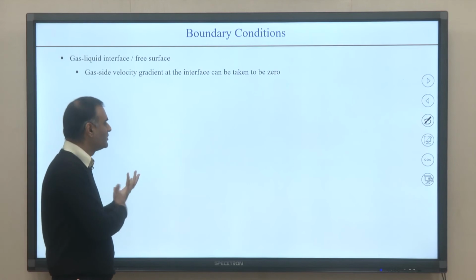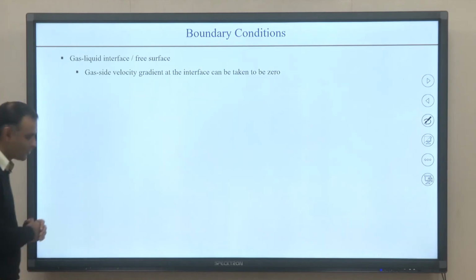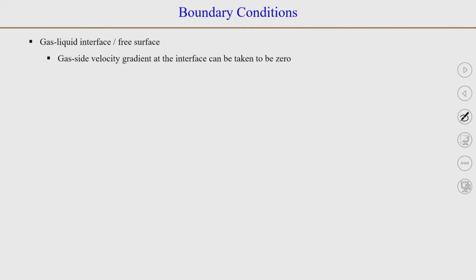So, we still have the boundary conditions which we discussed just now to be valid, but we can simplify that the velocity gradients at the interface can be taken to be 0.